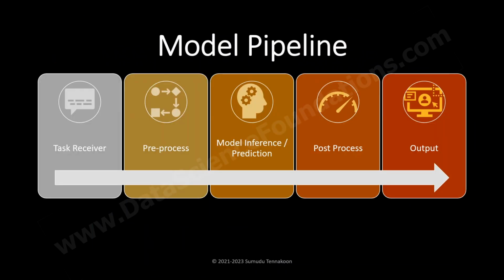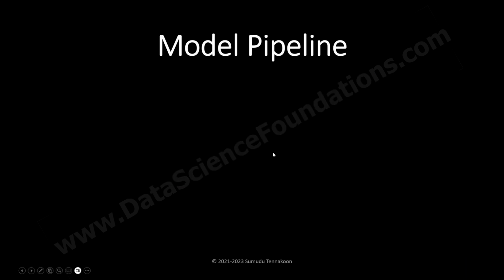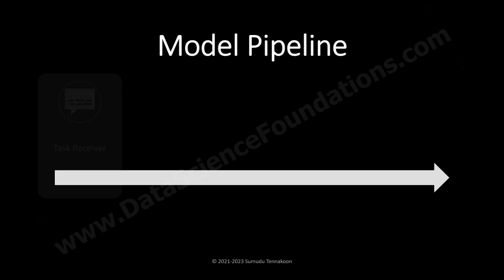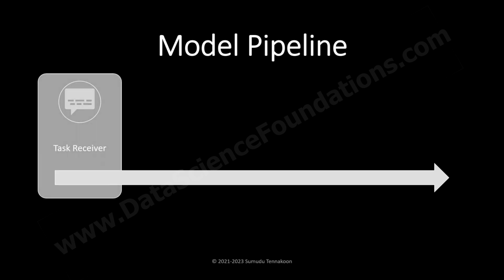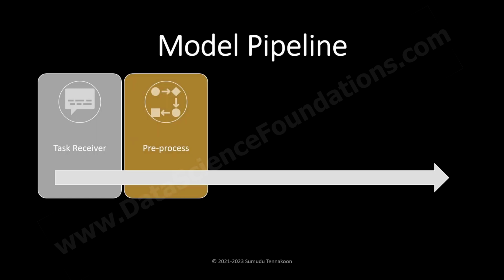Okay, so now let's think about the pipeline. If you take a foundation model or a pre-trained model as a starting point for your generative AI application, your model will be sitting at the center of your pipeline. The first thing will be the task receiver, which I call the one receiving the prompt. We looked at the prompt receiver in the previous applications.